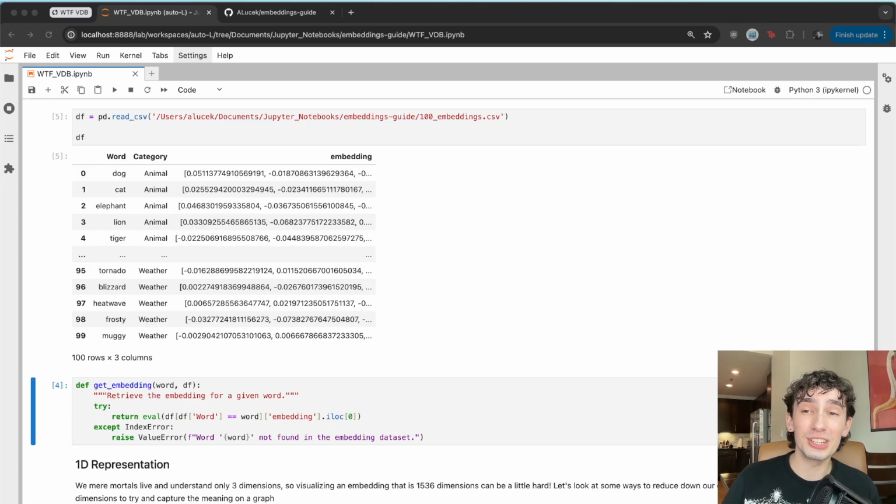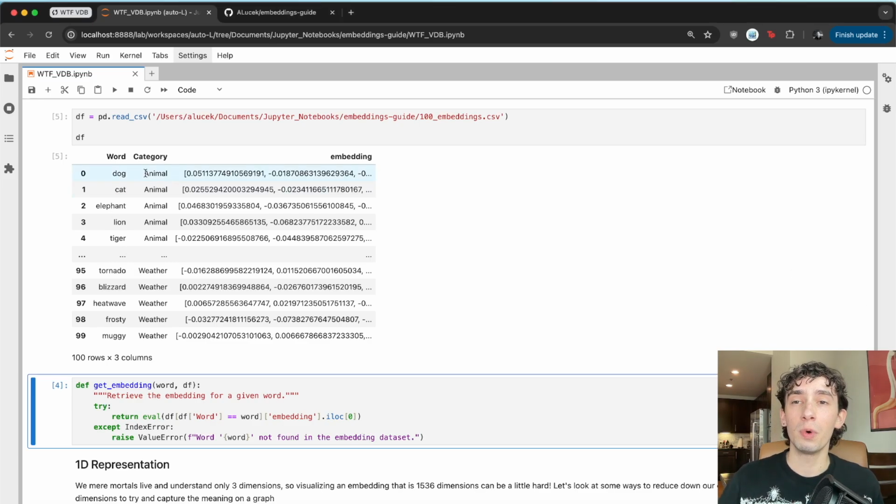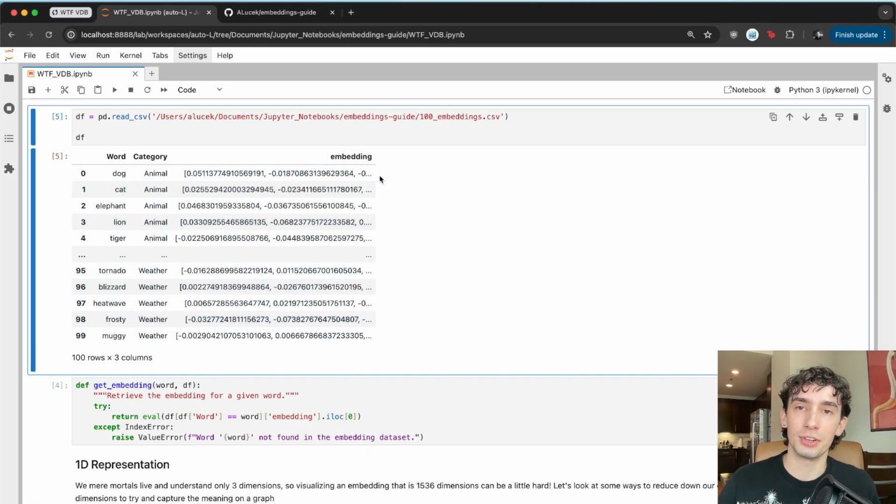To start, what I've put together is a list of 100 different words across 4 different categories: animals, food, weather, and occupations, and generated their embeddings using OpenAI's embeddings. So now we have all of the words, what category they're in, and then also their dense vector representation created by OpenAI's embedding model.